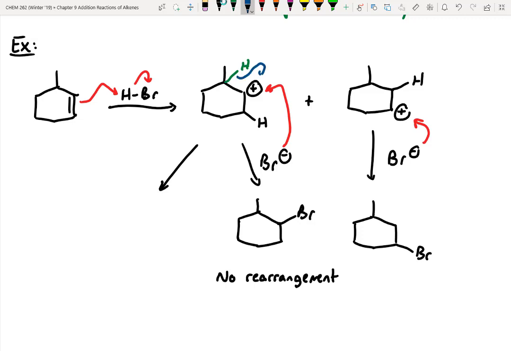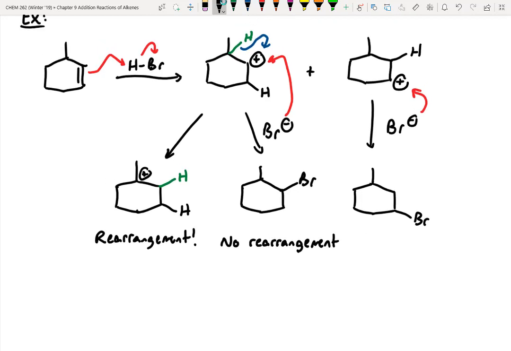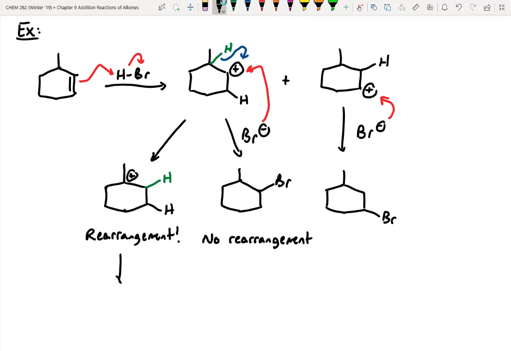In fact, I'll use a different arrow to indicate that, to that spot. And we'll just label this as rearrangement. And in this rearrangement, we now have a different position for that bromide to attack onto. It could attack into that top tertiary carbon.